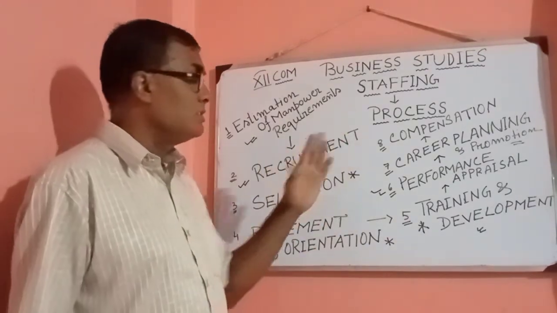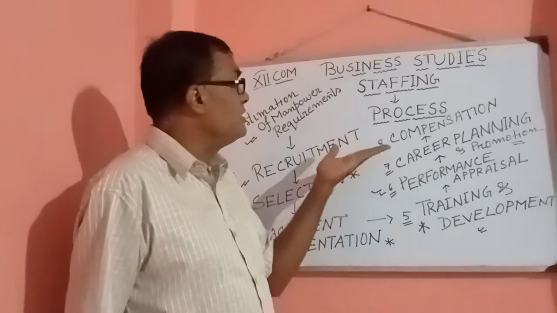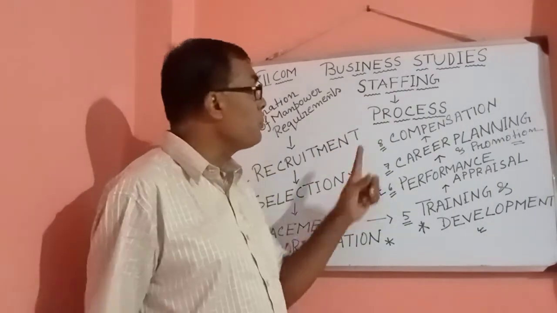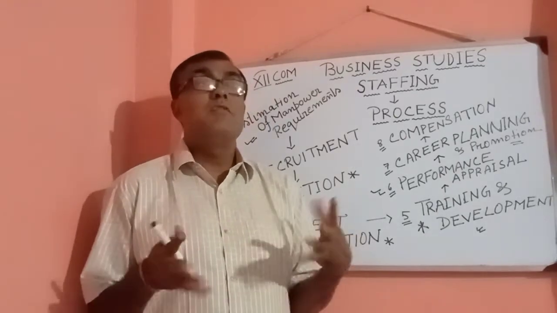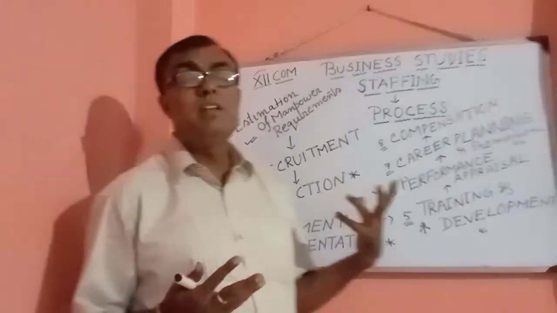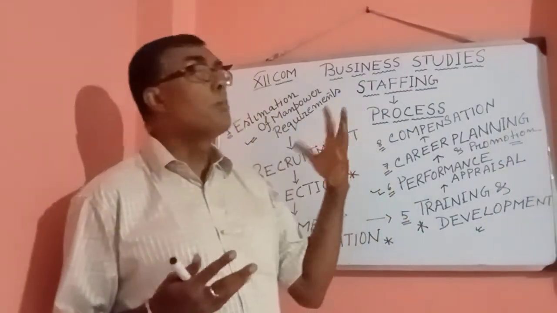Then afterwards, it's a matter of service contract, the last step, that is compensation. Don't be confused. Compensation does not mean that if an employee gets an accident while doing the job, they will get compensated.